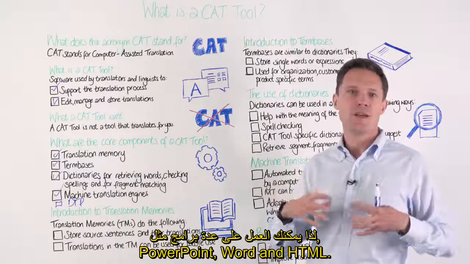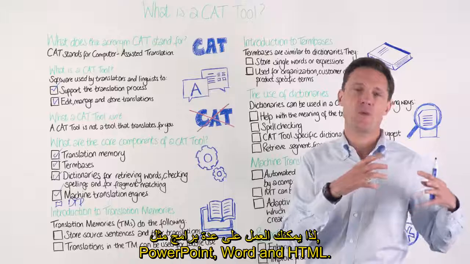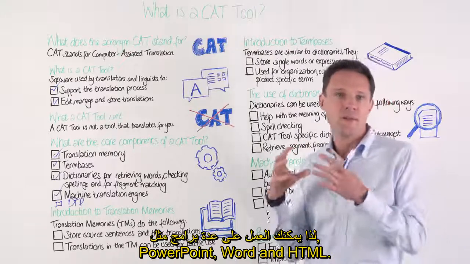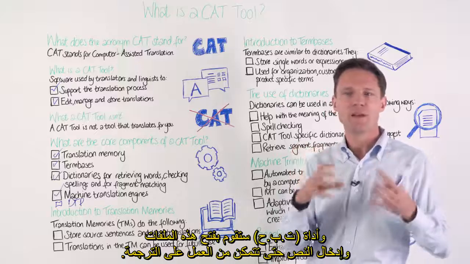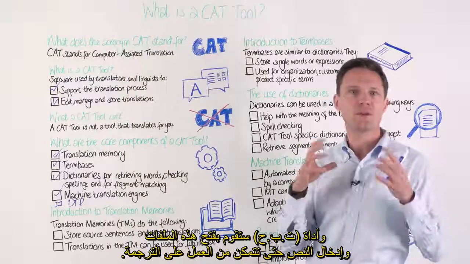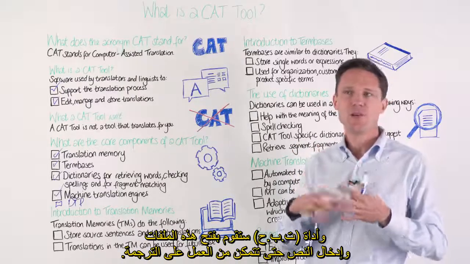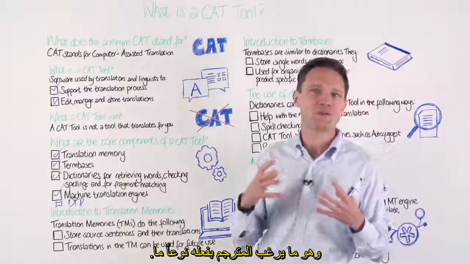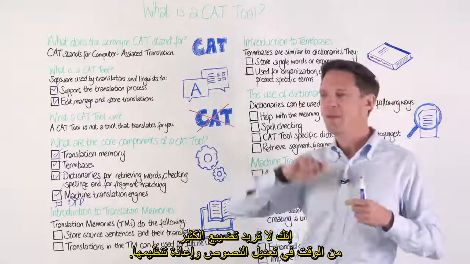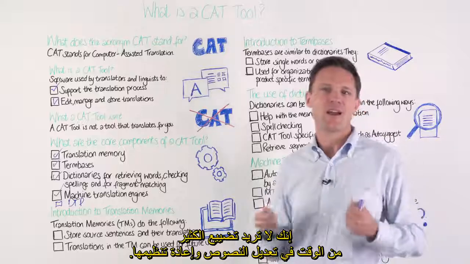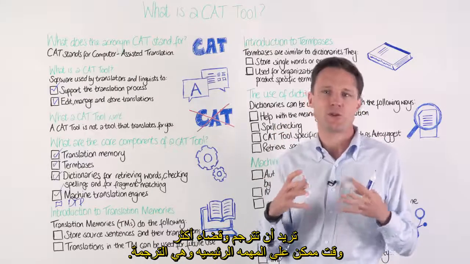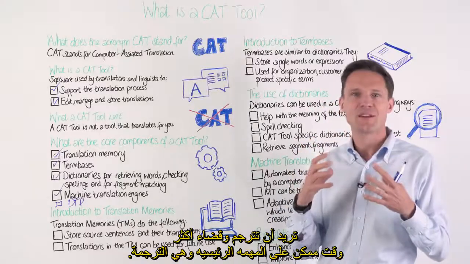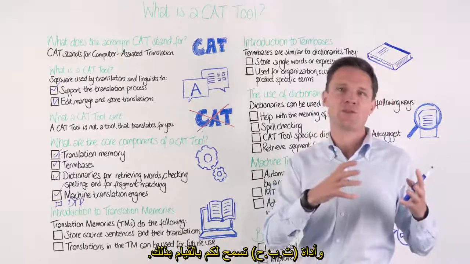You can take a PowerPoint, a Word file, or HTML, and a CAT tool will open those files and extract the text so you can work on the translation, which is what a translator wants to do. You don't want to spend a lot of time adjusting text and realigning it. You want to spend as much of your time as possible on the core task, which is translating. And a CAT tool allows you to do that.